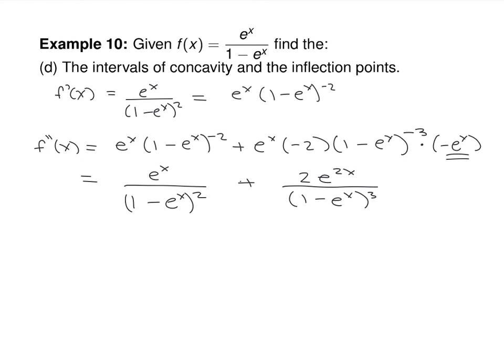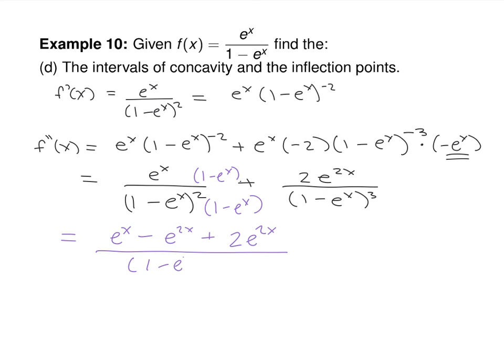Now what's the last thing you have to do here to simplify this? Get a common denominator. So that's going to be e to the x minus e to the 2x plus 2e to the 2x over (1 minus e to the x) squared.